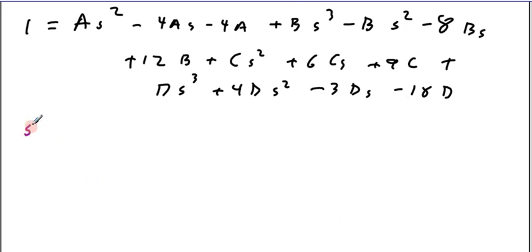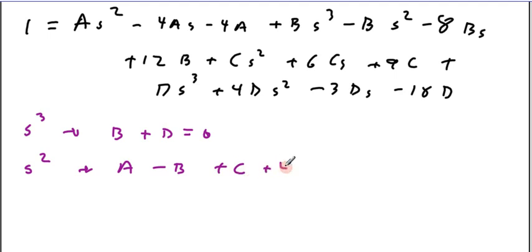Okay, so I look at the s cubed term, and I see that B plus D is equal to 0. I look at the s squared term, and I see that A minus B plus C plus 4D has to be 0. I look at the s term.